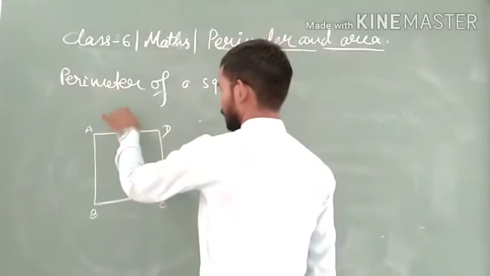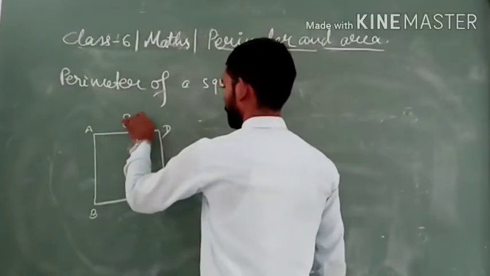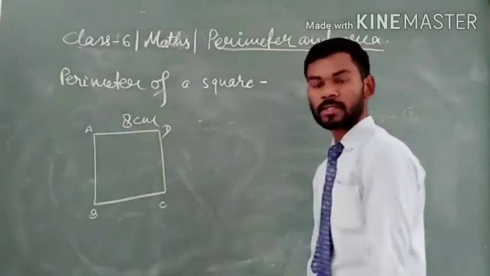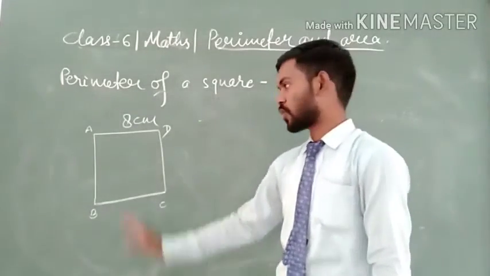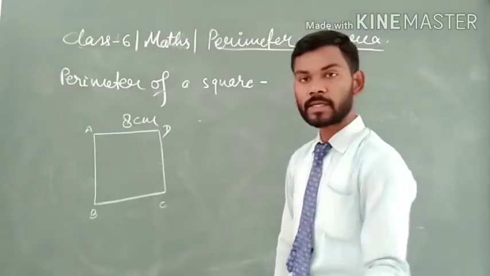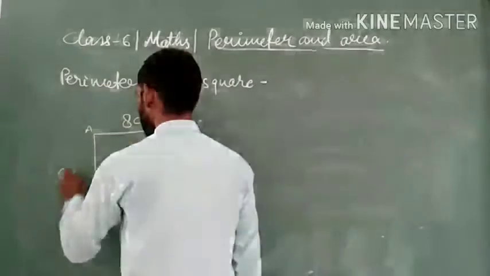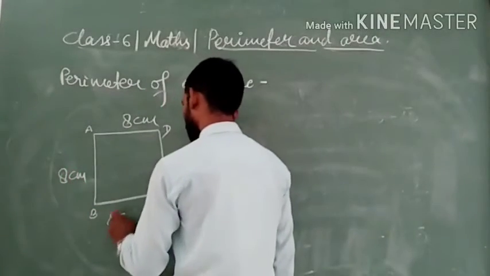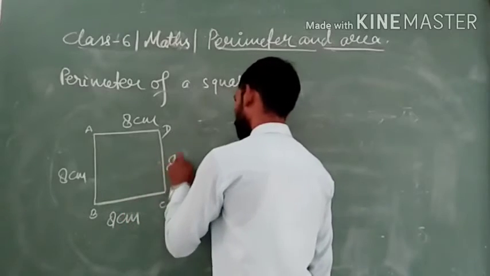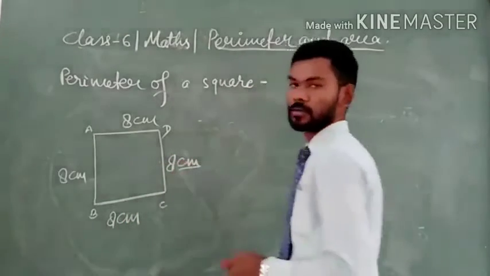If I write here 8 centimeter, since it is a square, therefore all its sides will be 8 centimeter. So it will also be 8 centimeter, this will also be 8 centimeter, and this is also 8 centimeter.